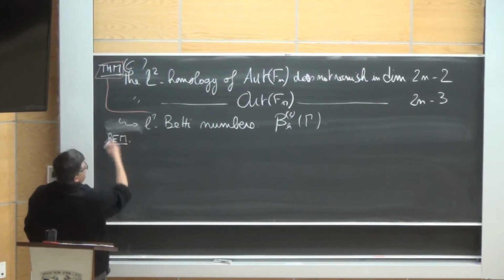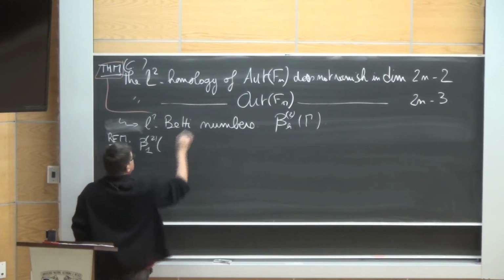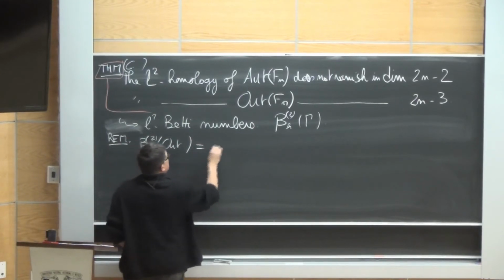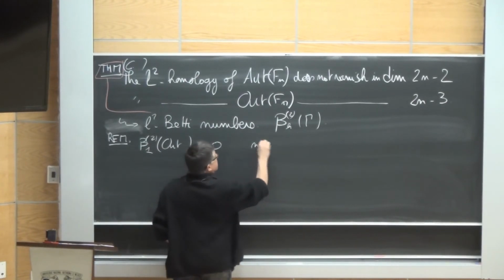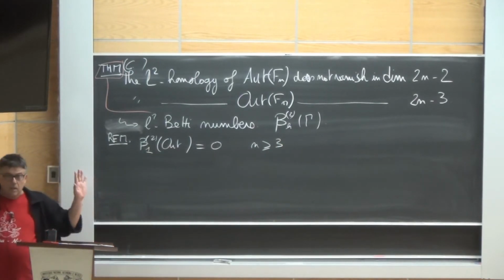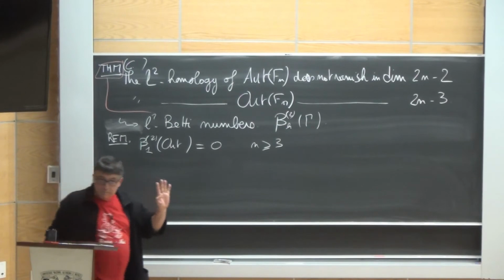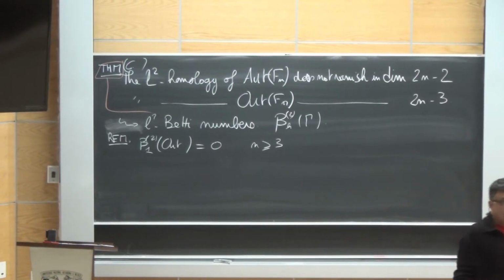I should mention that beta 1 of Out(F_n) is 0 for n greater than 3. Just to mention, when n equals 2, Out(F_n) is isomorphic to GL2(Z).